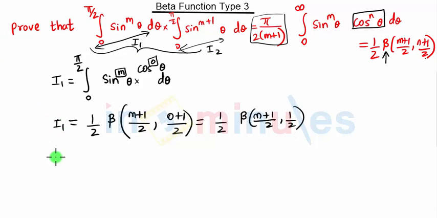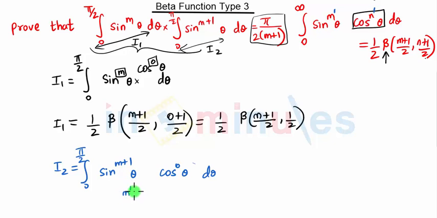Now we will solve for I2. In I2 also we have only sine term, so we will write cos term with power 0, so cos theta the whole raised to 0. Now if you compare this equation with this equation, this will be m dash and this will be n dash. Then we have m dash equal to m plus 1 and n dash is 0.